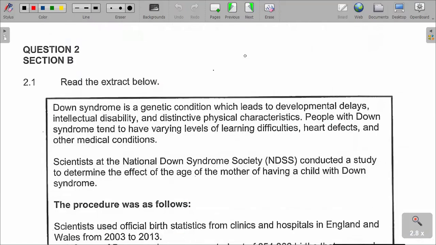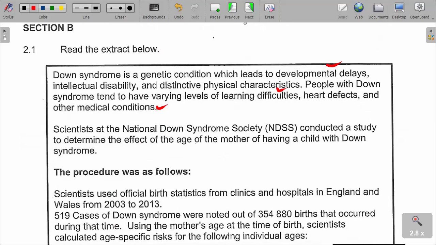And then we have to read this context. Down syndrome, a genetic condition which leads to developmental delays, intellectual disability, physical characteristics. People with Down syndrome tend to have varying levels of learning difficulties, heart defects, and other medical conditions. Scientists at National Down Syndrome Society conducted a study to determine the effect of the age of mother of having a child with Down syndrome.